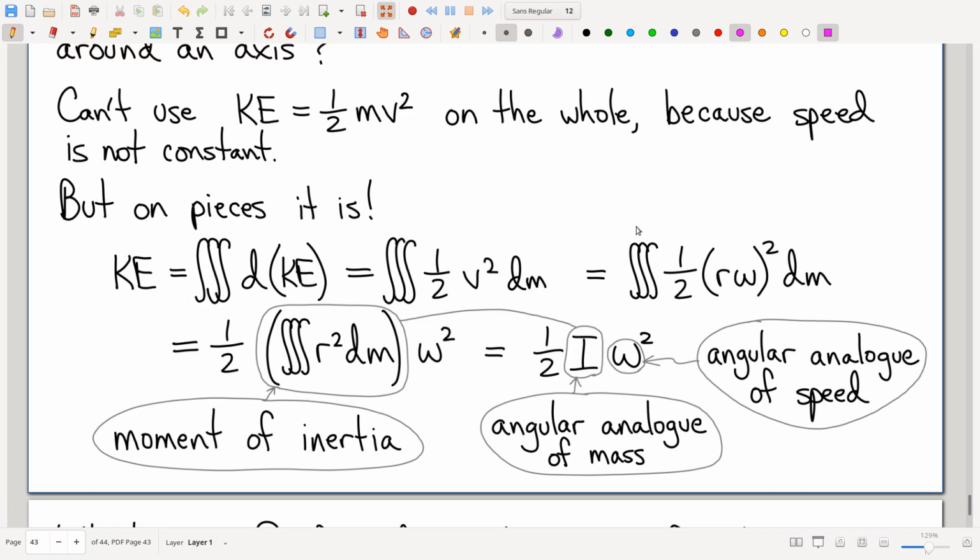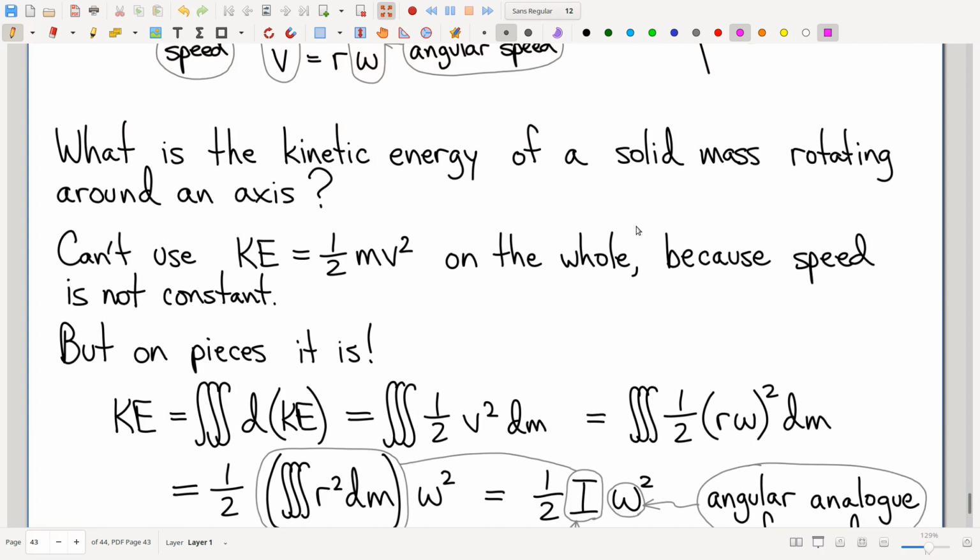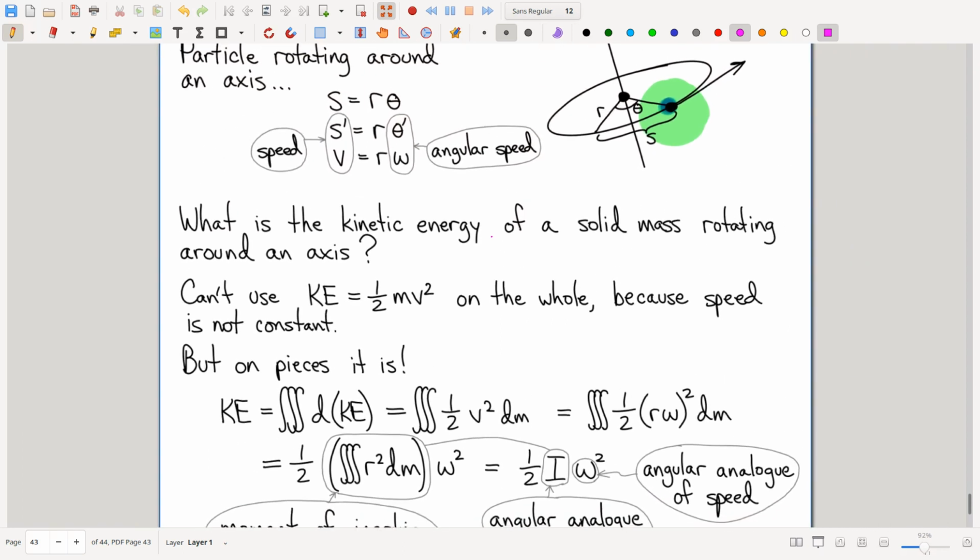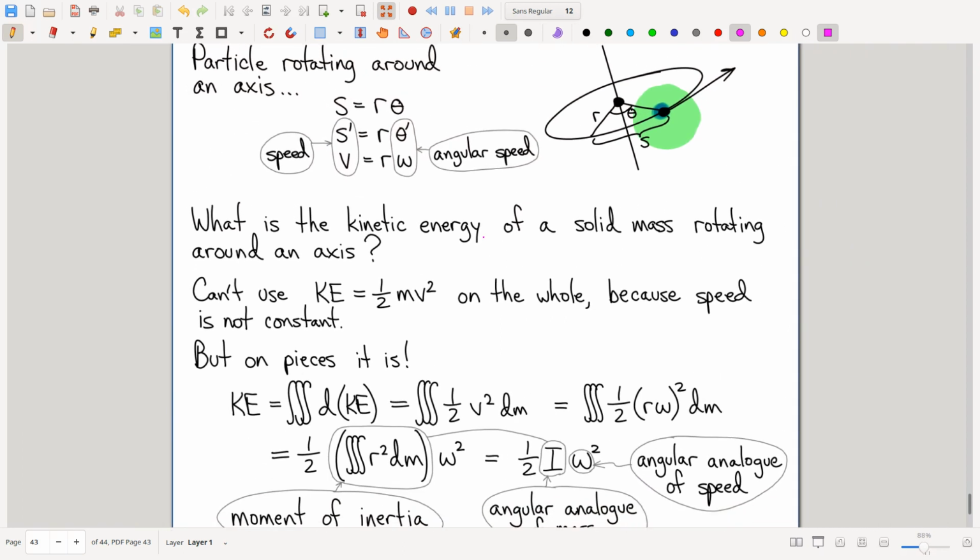Okay. All right, now here's a little subtlety that messes up a lot of students. Remember, I set things up as per this drawing. In particular, R was the distance to the axis of rotation. So this R right here is very commonly misunderstood.